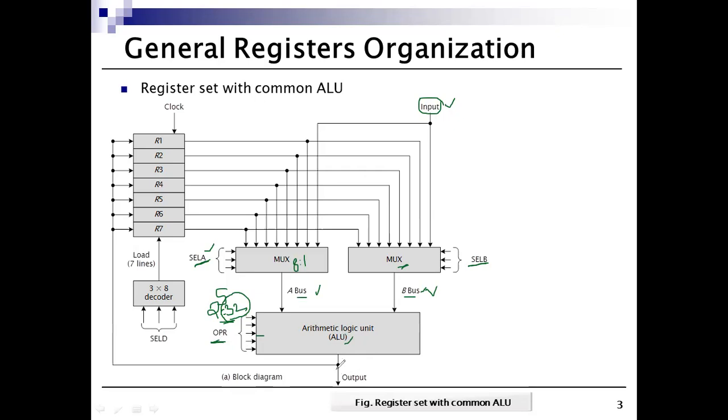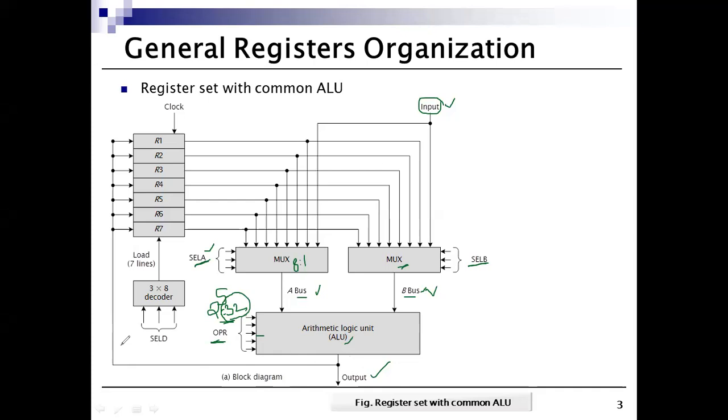Okay, so based on the instruction, sometimes you may want to give the result to an output device. Since it is already available on the output bus, it can be connected to an output device. Or else sometimes the result may be stored back into any one of the registers, which can also be facilitated here.